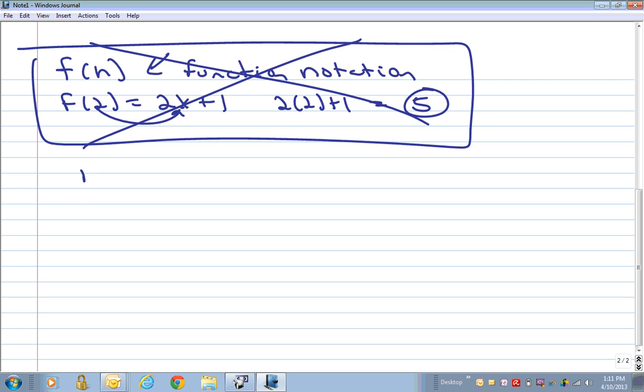We're going to have a sub n as our notation for a sequence. And what's going to happen is that the n has a double meaning. It is the value that you will substitute into the given information, but it will also be our term number.